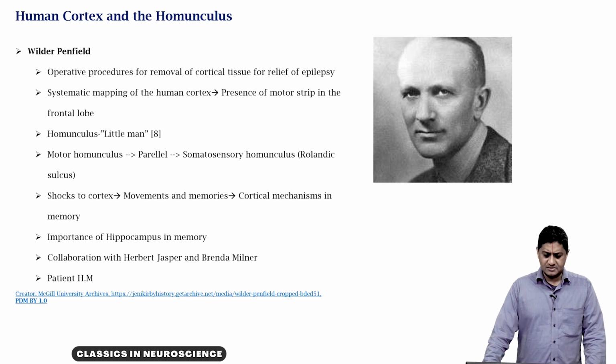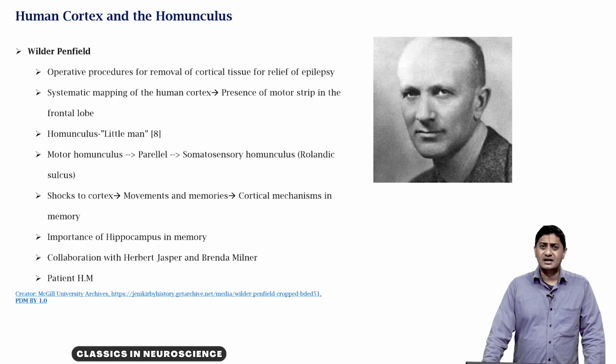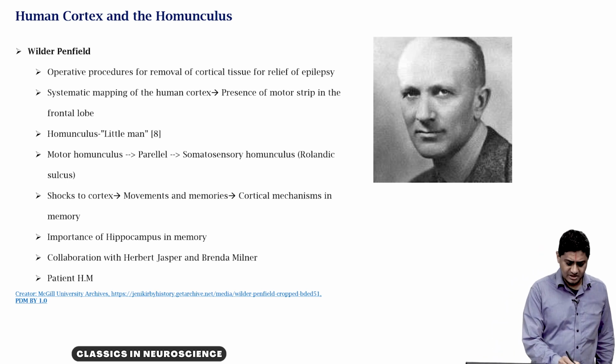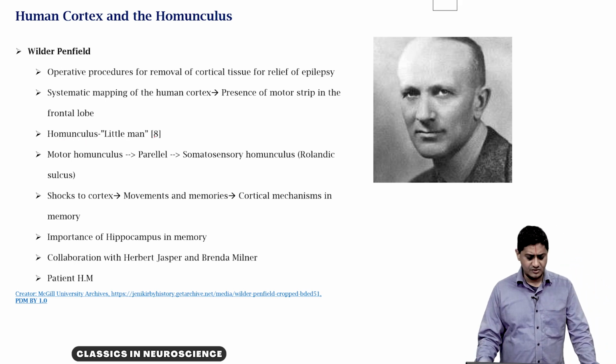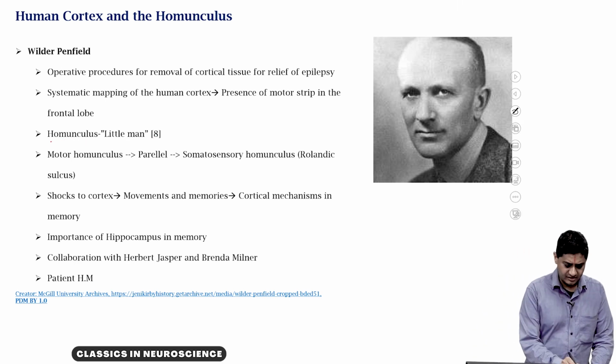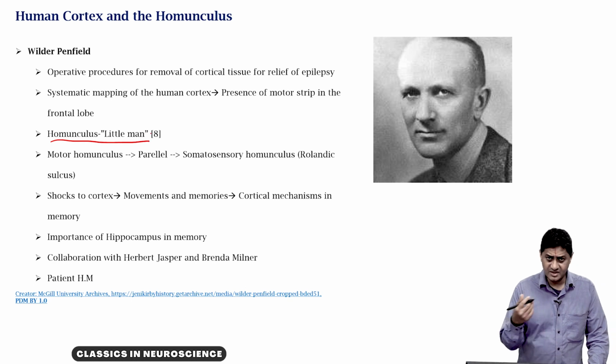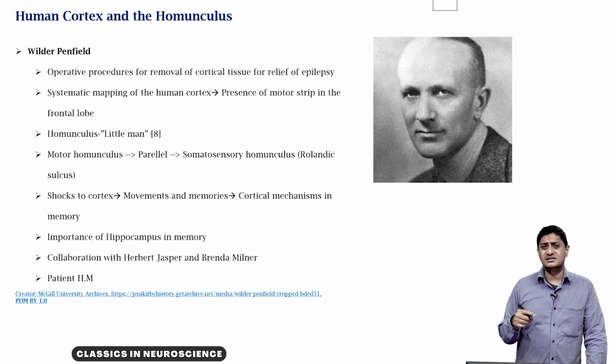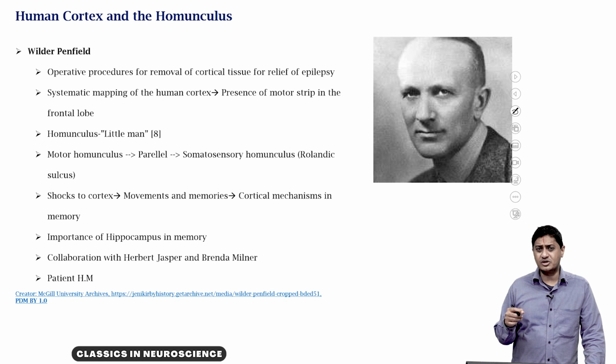This mapping showed that there was a little man present within the brain, specifically within the motor cortex. This little man came to be called the homunculus. Activating different regions within this motor strip activated different regions in the body.